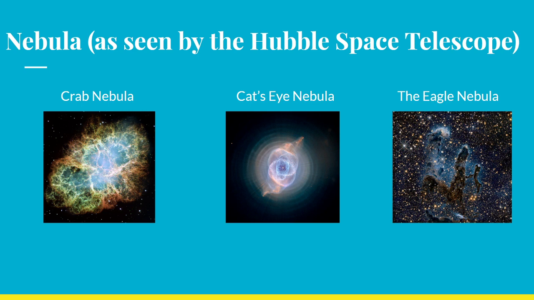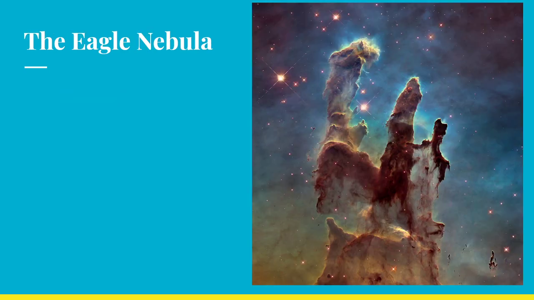Now that last one, the Eagle Nebula, is probably one of my favorite pictures, but that one is taken in infrared, and so it looks a little different if you take it in different images, in different perspectives. So for example, this is also the Eagle Nebula. You can see it's this coalescence of gas.